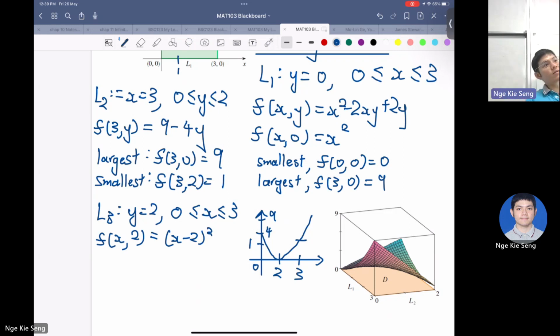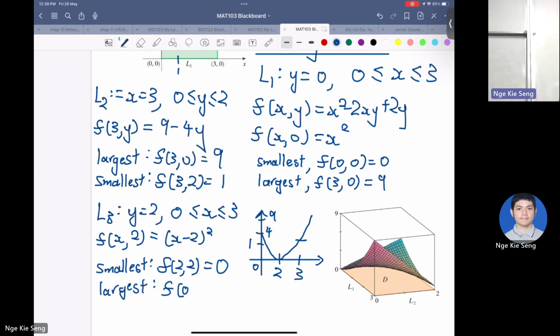This graph is just a sketch. The lowest point should be at x equals 2, which is 0. So where's the highest one? It's at x equals 0, which is 4.